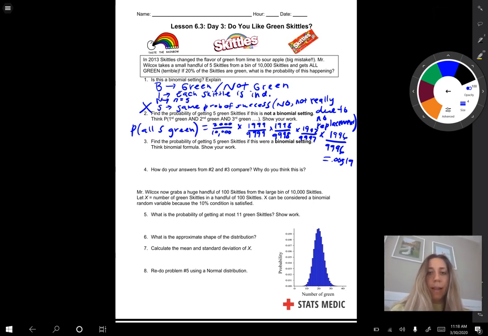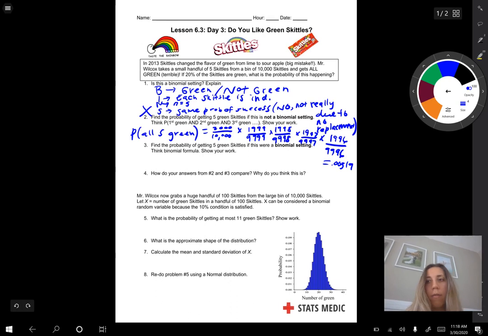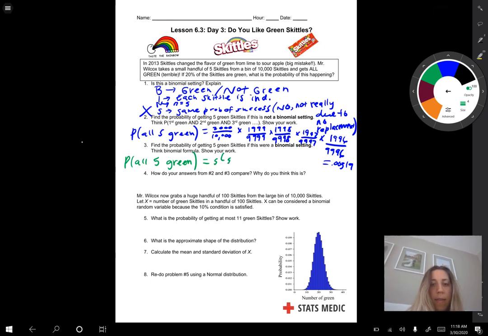Find the probability of getting 5 green if this was a binomial setting. Think of the binomial formula. So the probability of all 5 green, if it were binomial, would be 5 choose 5, times 0.2 to the 5th, times 0.8 to the 5 minus 5, which would be 0.